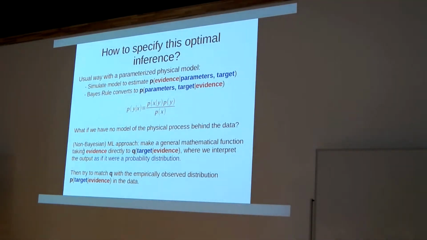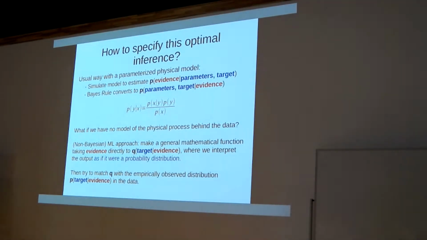So what we want to do is say, okay, we want to match this conditional probability distribution, and we've got a lot of examples from the world of both the evidence and the target. So we're just going to try to make the one distribution be the same as the other distribution. And all we need to do is find a difference between those distributions and minimize it.